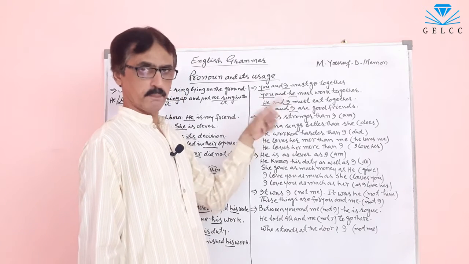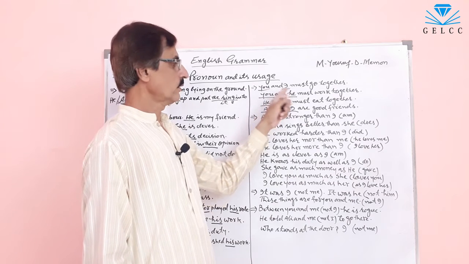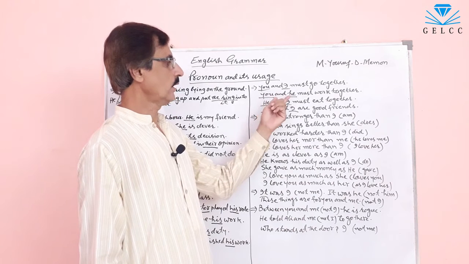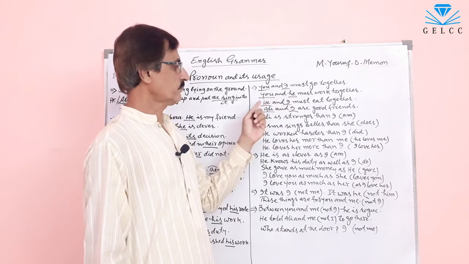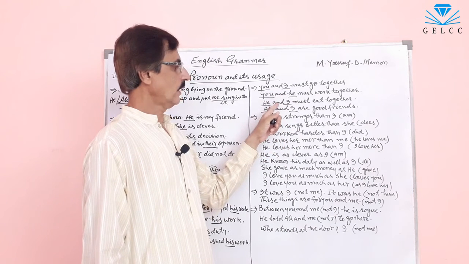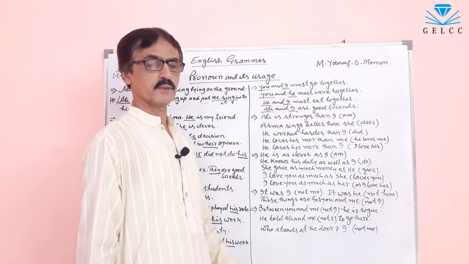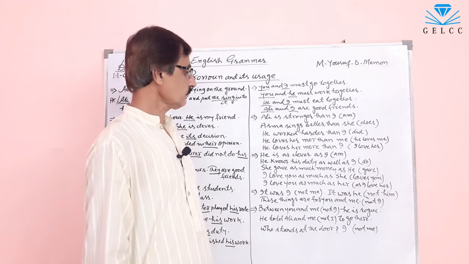If second and third person are used, we will use you first and he, third person, second. Here it can be he or she. If third person and first person are joined by and, we will use third person first and first person second. He and I. Ali and I.